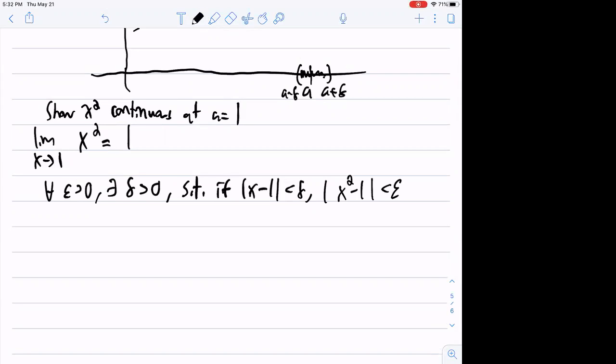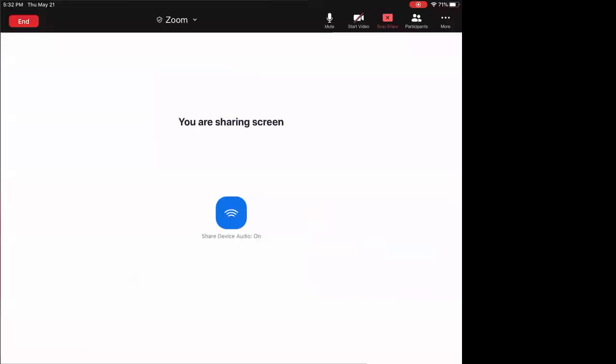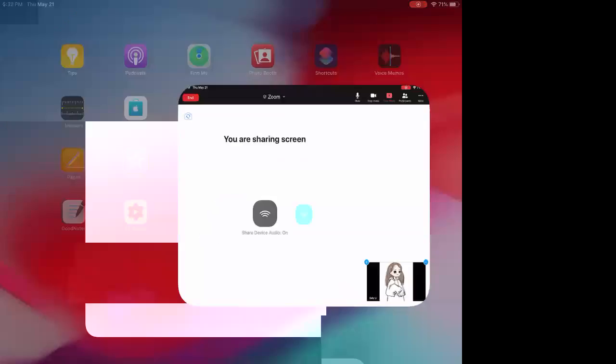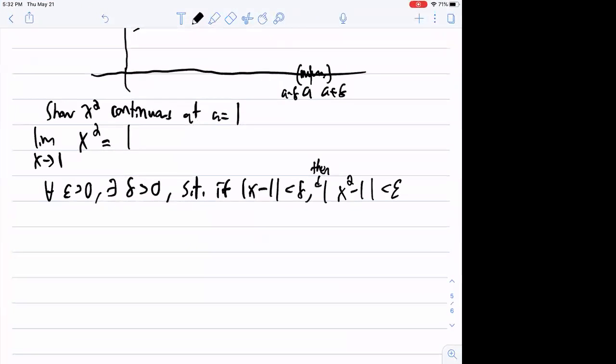Is everyone clear on what we're doing? Then there's a "then" right here. Great. So again, we have to show this holds for all epsilon bigger than 0. So let epsilon be bigger than 0, arbitrary. I need to find a delta, right?